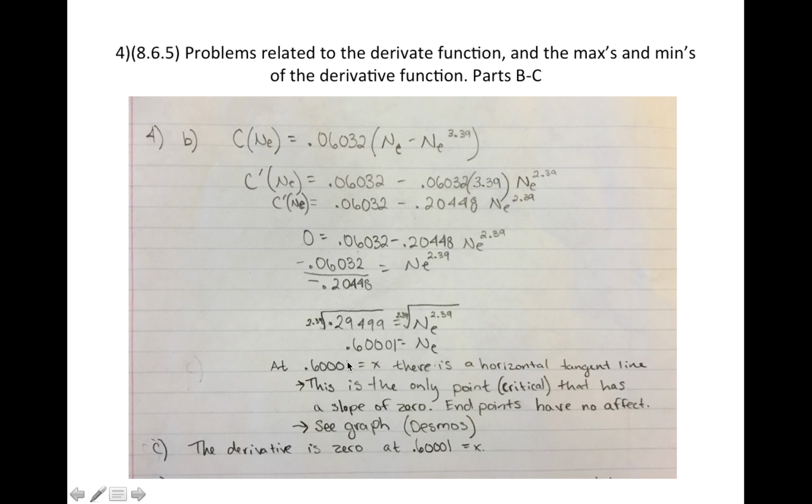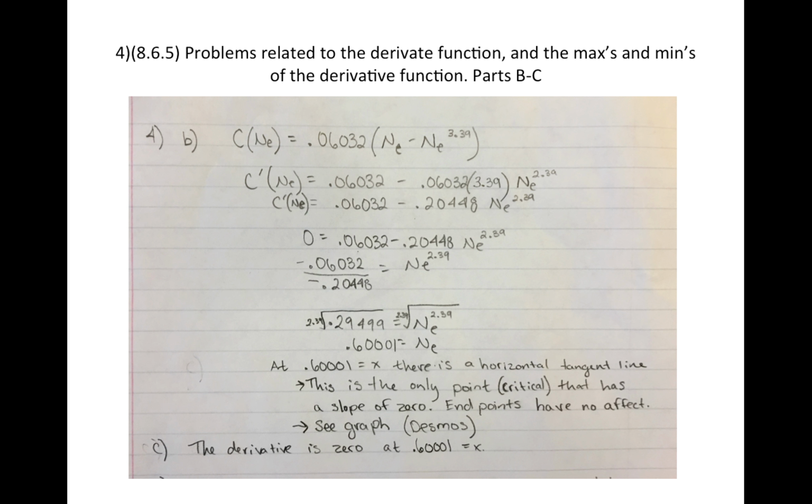Let me double check that real quick. Yes, and then so x equals 0.6, y equals 0.0255. I have more graphs attached to this video, which I will get around to.